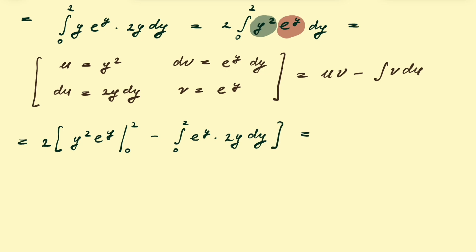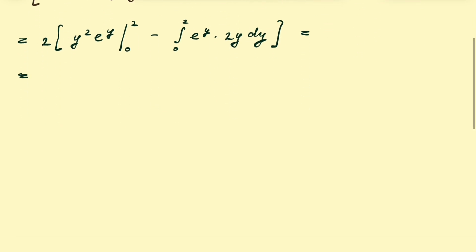So what we have in our hands currently is 2 times, let's compute this over here, it's 4 times e to the 2, like 4 times e squared, and for 0 it's 0. So to make it short, it's just 8 times e squared.